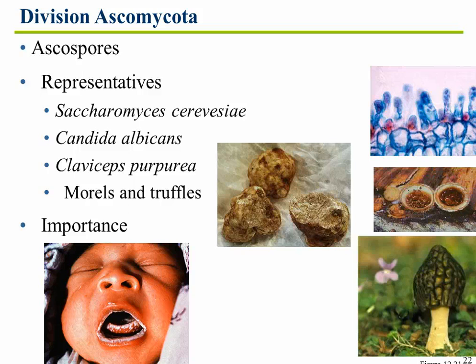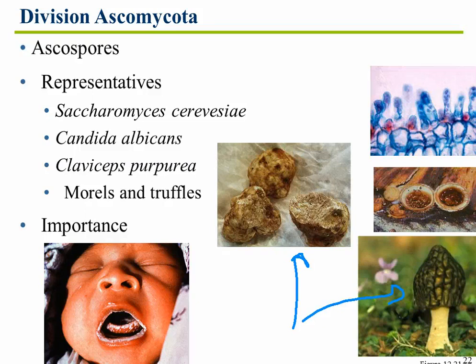We've got Candida albicans, the big yeast infection of women, vaginitis. Morels and truffles, although these may look like mushroom-like things to you, they are not. They're in this division, and the mushrooms are in a totally different division.